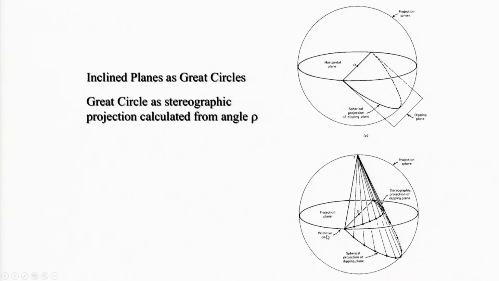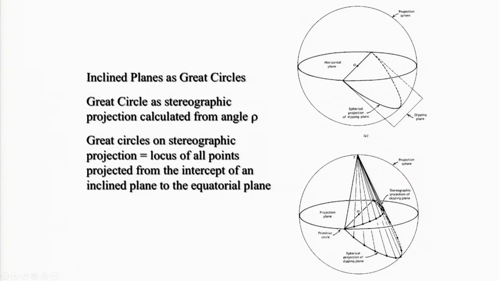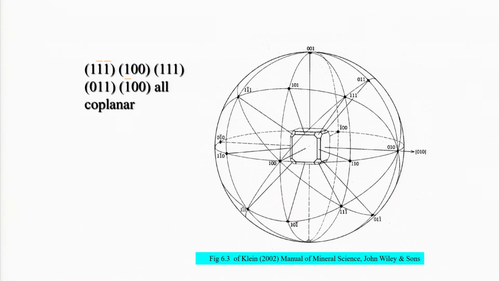So, this can be calculated from the angle rho. So, great circles on stereographic projection are the locus of all points that are projected from the intercept of an inclined plane to the equatorial plane that we have just discussed.